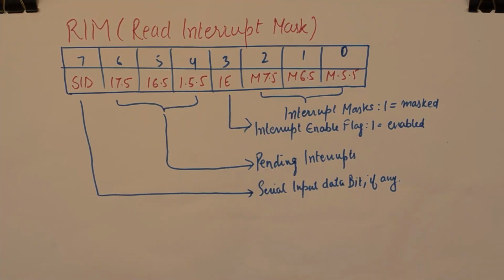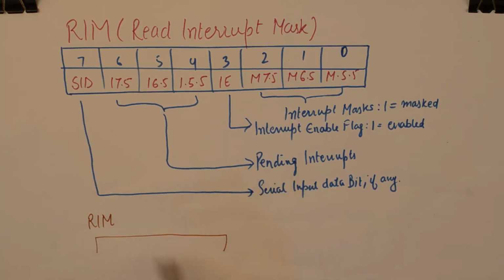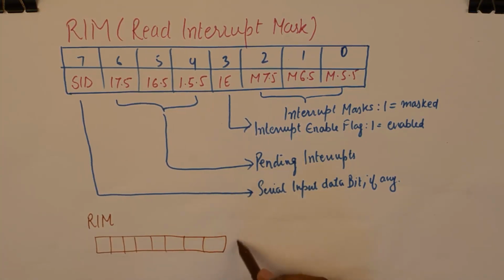Now let me just tell you the format of this instruction first. You simply have to execute this instruction by writing RIM. Now RIM will place some data in the accumulator.